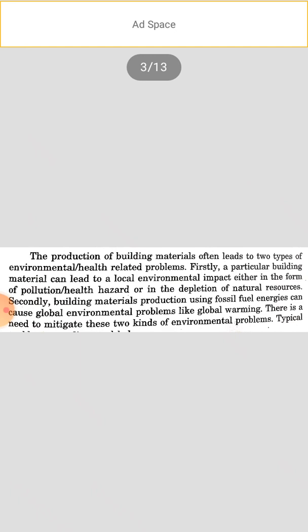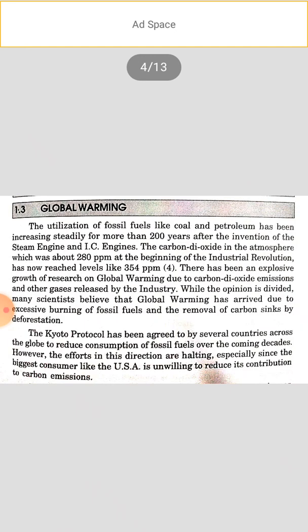Secondly, during the production of building materials, we use fossil fuel energy. So this leads to a global environmental problem like global warming. Now let us see what global warming is. Global warming is nothing but increase in temperature around the globe, and this arises mainly due to two reasons.